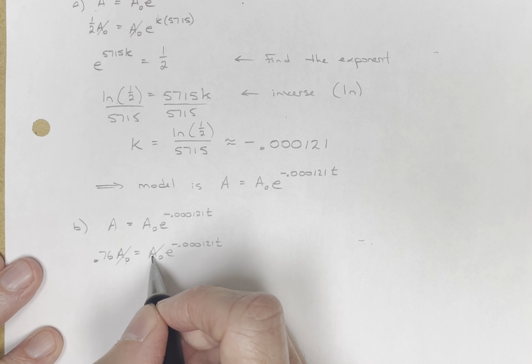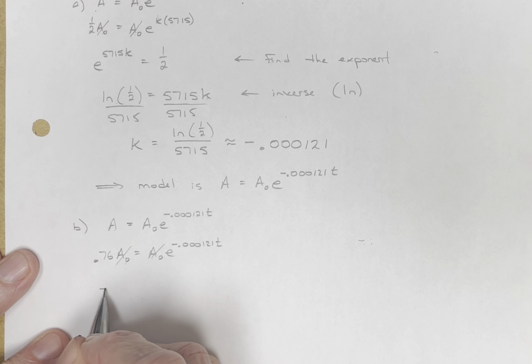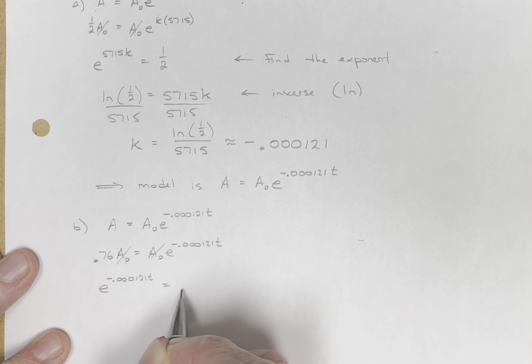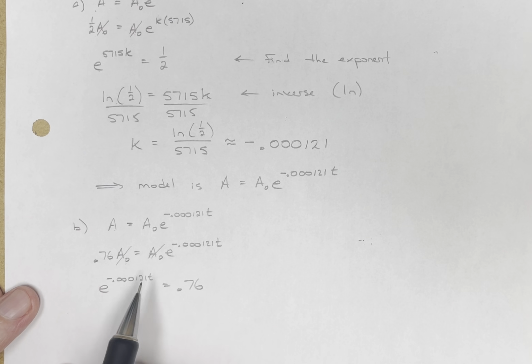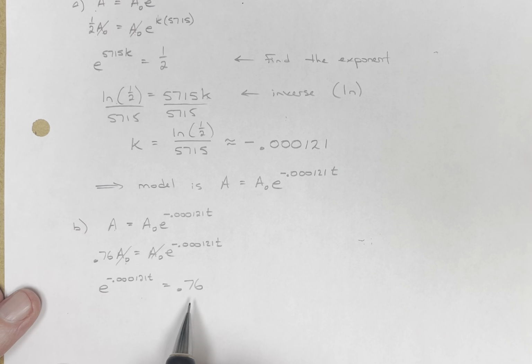Well, those are common to both, so we can cancel those out. And we wind up with e to the negative 0.000121 times t equals 0.76. And by now you know the drill. We've got an exponential with an unknown in our exponent. We need to get at it, so we're going to use the log to do that because the log will give us the exponent. This has a base of e, so we can use the natural log.